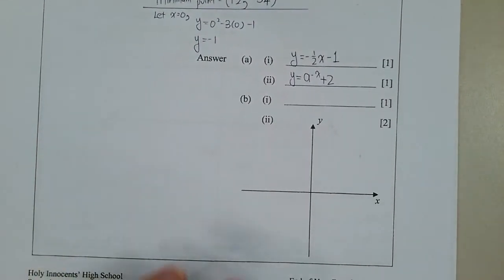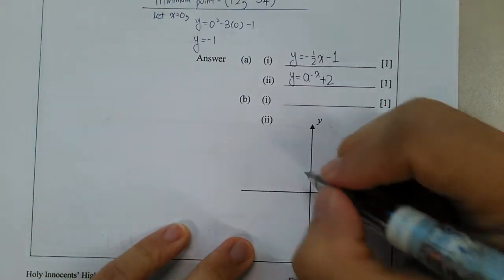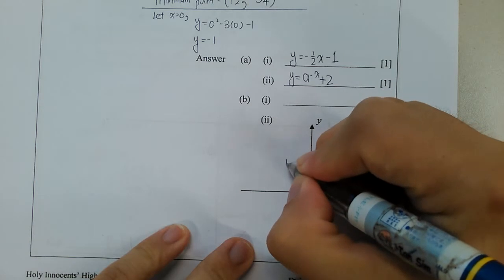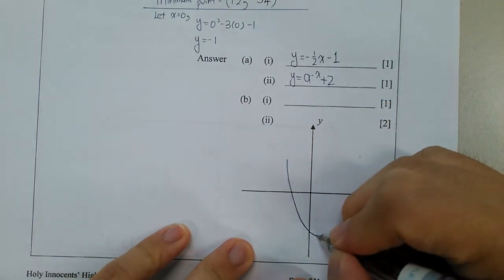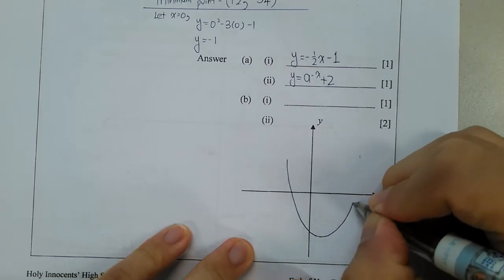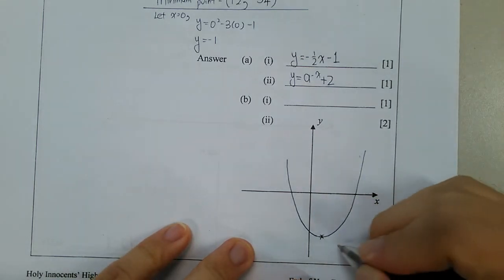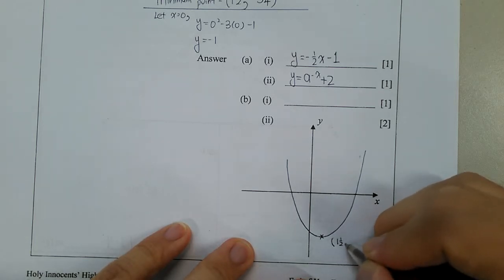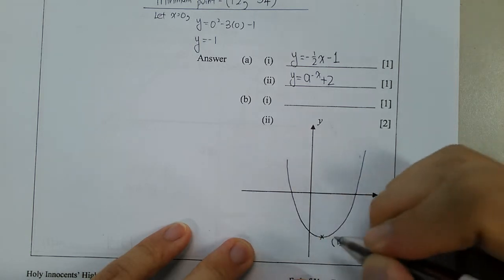As I have explained earlier, it is a smiley graph. So we sketch. Label the minimum point here. The minimum point here is (1.5, -3 1/4).